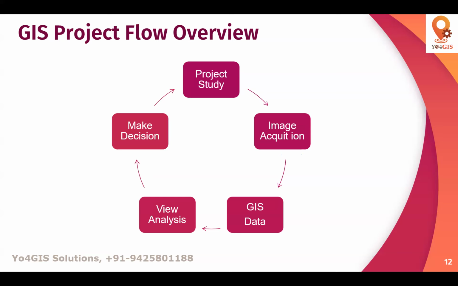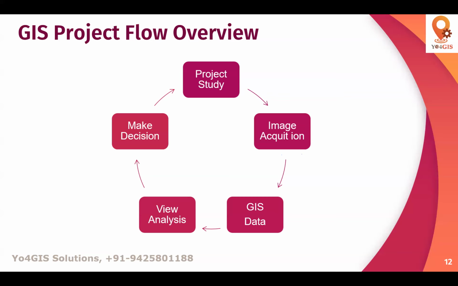Yeah, okay. The second important thing is based on your area of interest, meaning which area this project is related to. The second important task is the acquisition of the image. We need to collect the image for the particular area. There are n number of sources.